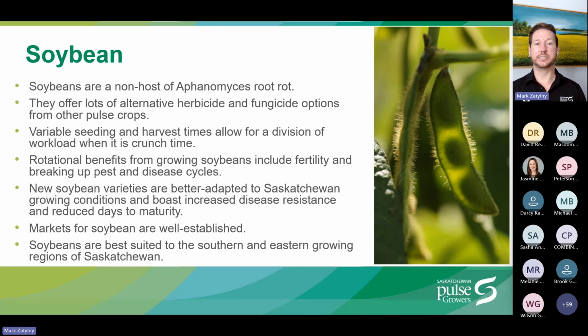Also with soybeans, they do have a lot more alternative herbicide and fungicide options compared to when I was talking about faba beans. Those have a lot of the same chemicals as peas and lentils, whereas soybean has different options to be able to break up the products that you're using and prevent any kind of weed and disease resistance.